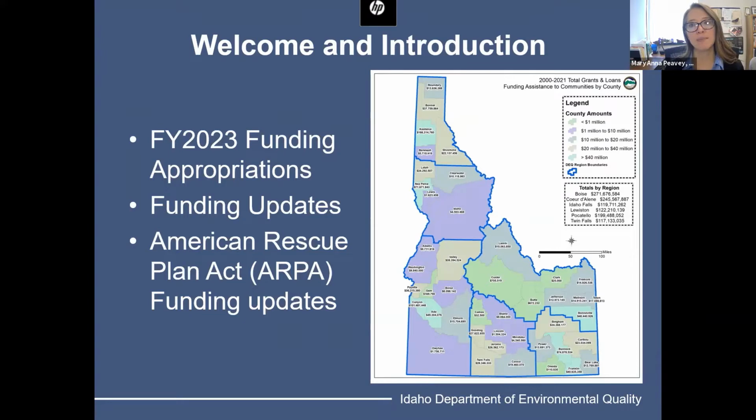Yesterday, President Biden signed a $1 trillion infrastructure bill that was passed by Congress. And I haven't gotten the final numbers of what we will be receiving from this infrastructure bill, but we will be receiving a good increase to the SRF program.